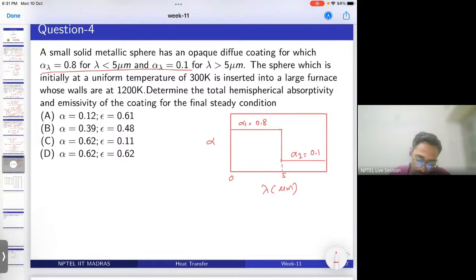The definition of absorptivity is already discussed in the lectures.